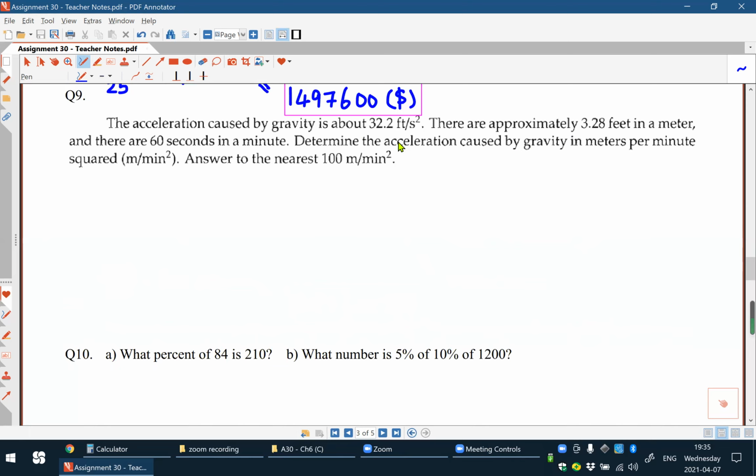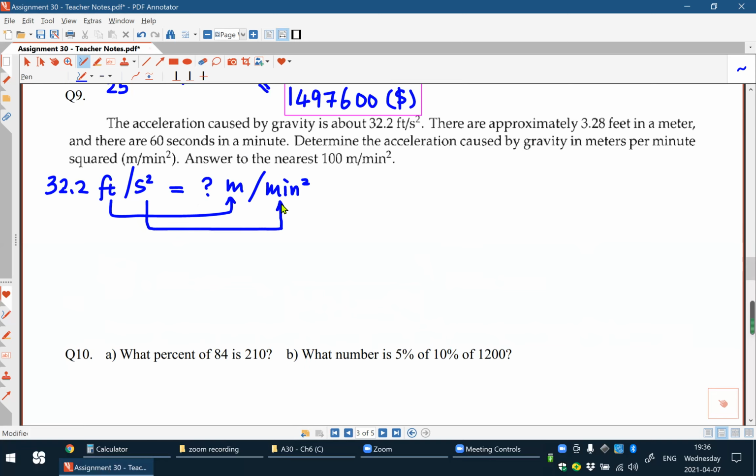Okay, so if we want to change 32.2 feet per second squared to something in meters per minute squared, we need to know the conversion rate from feet to meters and the conversion rate from seconds to minutes, right?